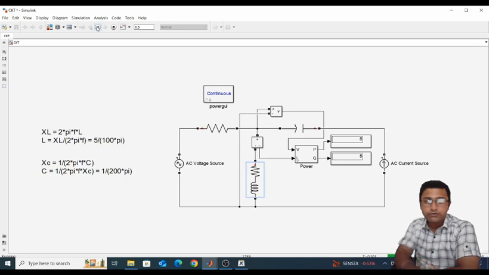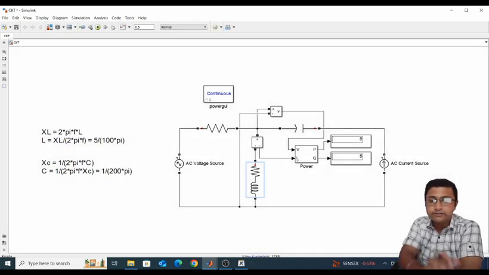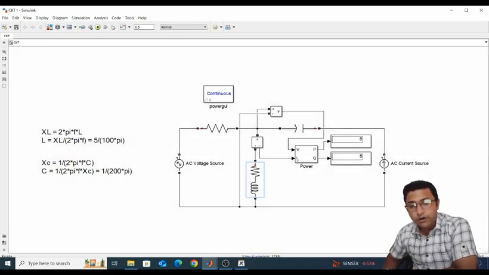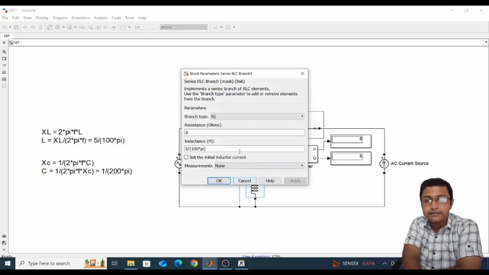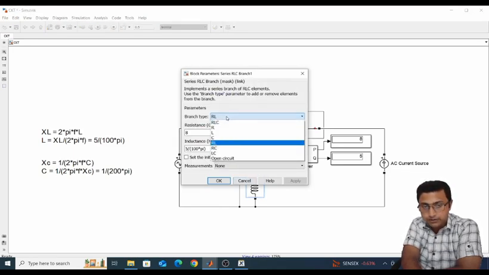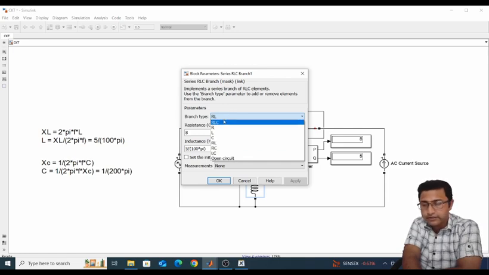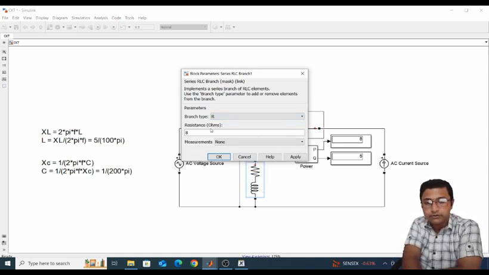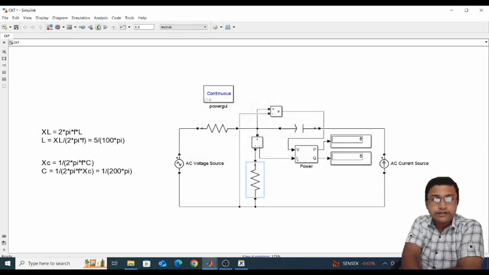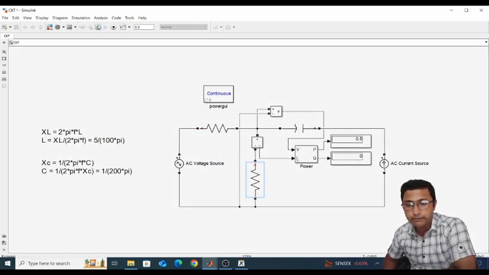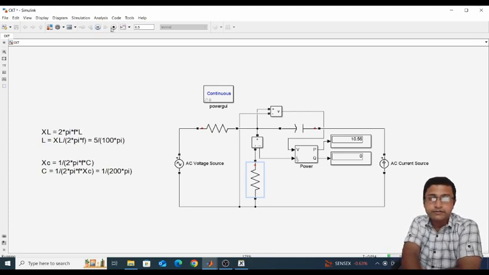So the conclusion is that the maximum condition is obtained if and only if we put the load impedance exactly the same as the source impedance, the Thevenin equivalent impedance, that is 4 ohm. If I put 4 here, then only can we get the maximum power across the load terminal, that is 10.56 watt.